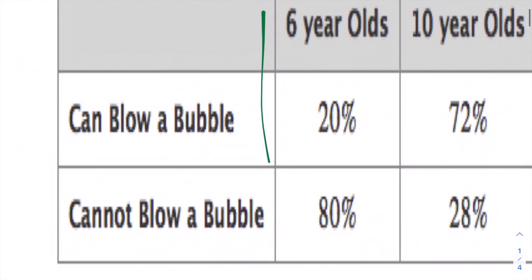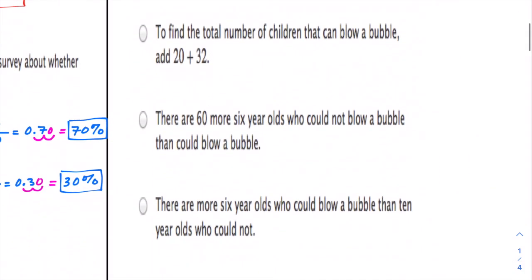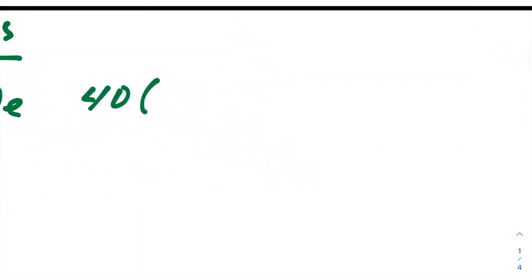I know that there are 20% that can blow a bubble. 20%. So now I need to turn that 20% into a decimal. So if I move the decimal over to the left, I end up with 0.2, or if you like, 0.20.